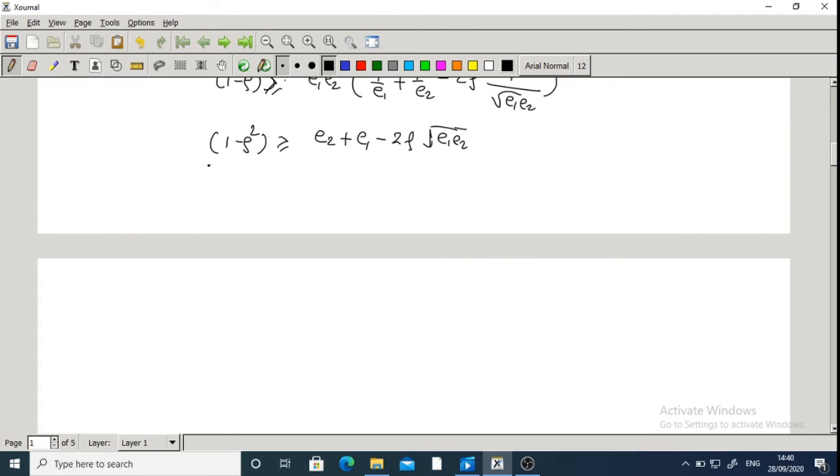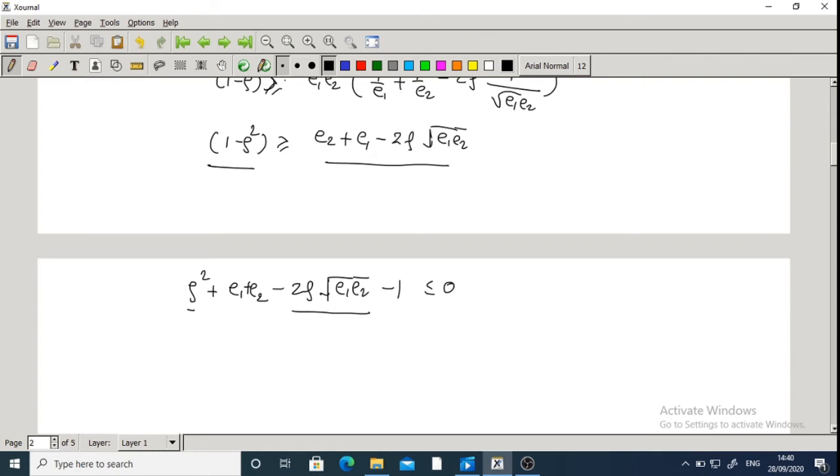Then we take all these terms to the right hand side, so we get rho square plus E1 plus E2 minus 2 times rho square root of E1 E2 minus 1 is less than or equal to 0. So we make a perfect square of this term, with this as the middle term.